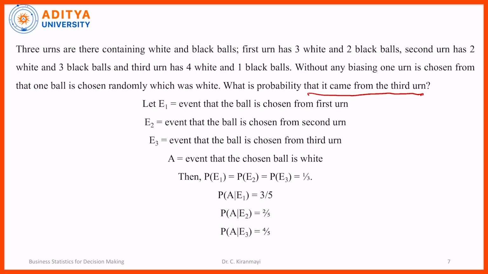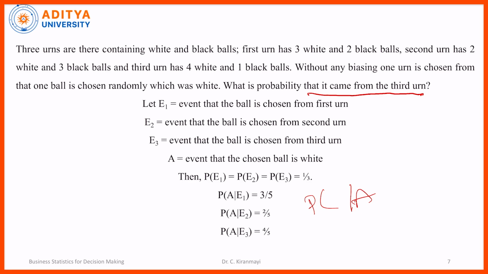That is, if a ball is selected and it is a white ball, one event has already happened. What is that event? Randomly a ball is selected and it is found to be a white ball. This is the new evidence we are adding.